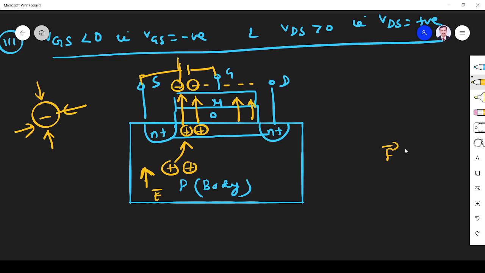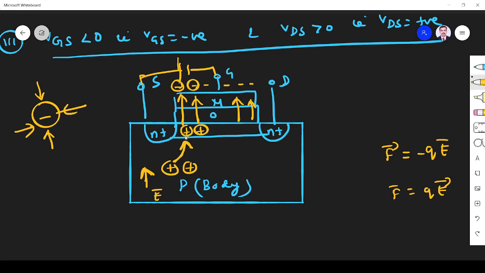For electrons, the force is F equals minus QE. That we know. So the force on the holes, or positive charge carriers, is F equals QE. So for a positive charge carrier, the electric field and the force are in the same direction. So this force will move the positive charge carriers towards the channel.